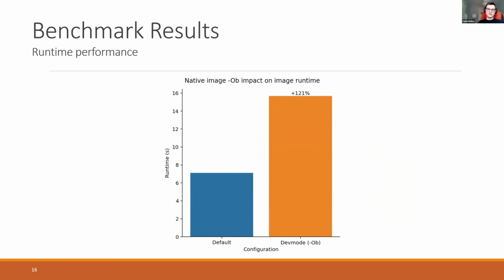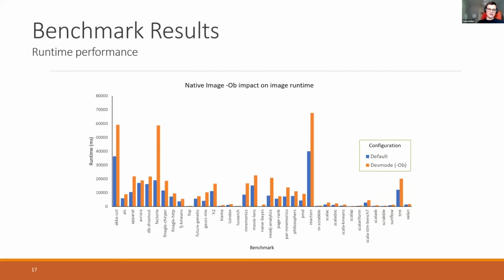And we found that on average, performance was around twice as slow with quick build mode than with the default mode. However, these results were not as consistent as compared to the compile time ones. There were some benchmarks which performed only a little bit worse than the default one, and some that performed very significantly worse.